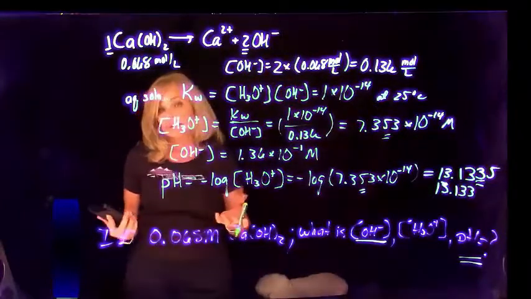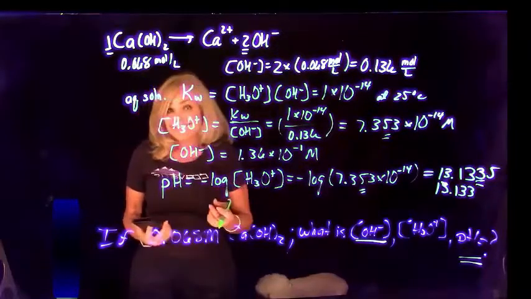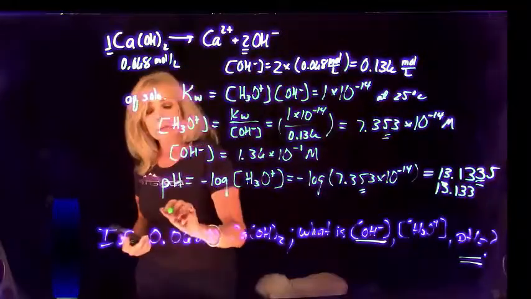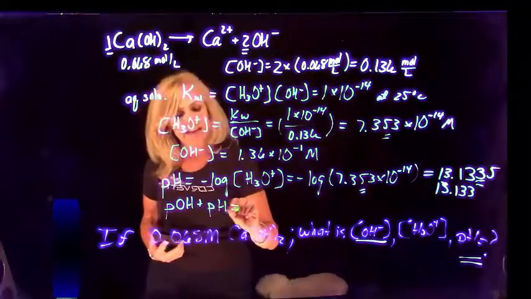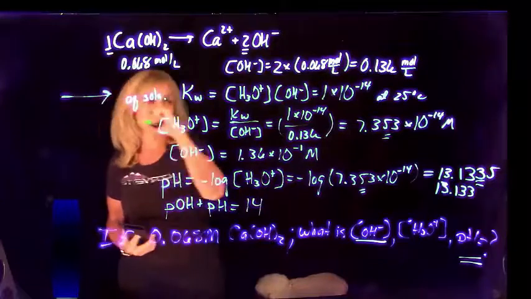Once again, does it make sense? I have a strong base in solution. The pH is 13. That makes sense. If pH is 13, pOH plus pH, I always have to add to 14 because of this equilibrium.